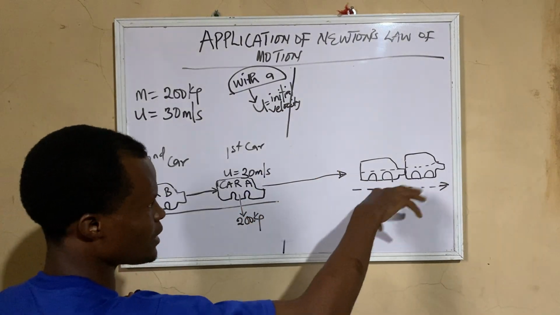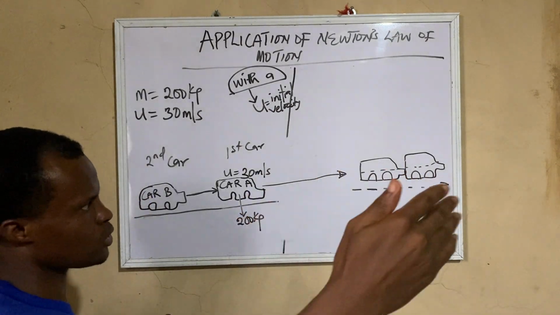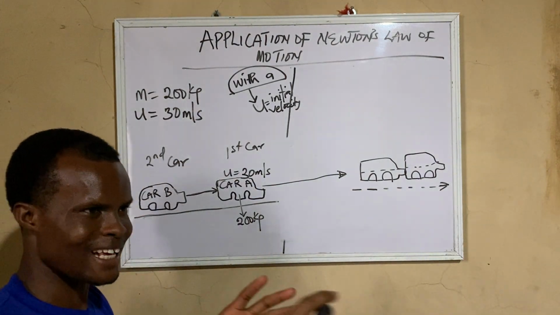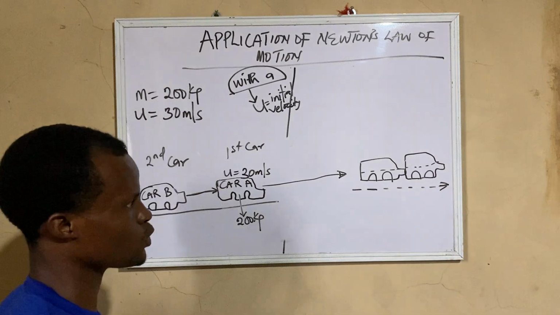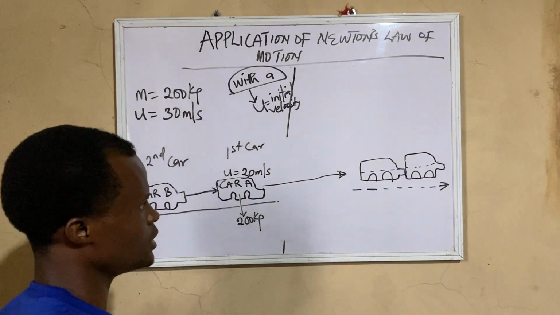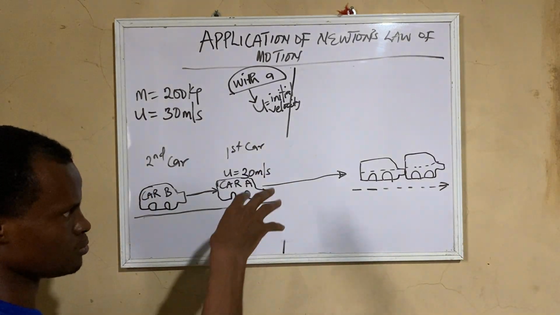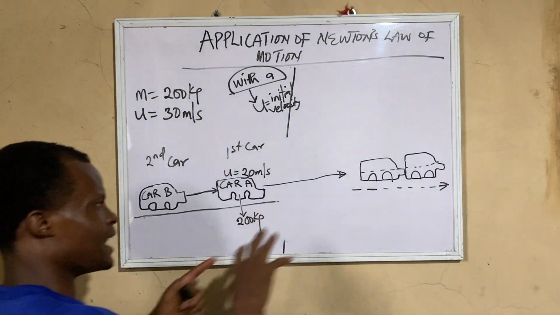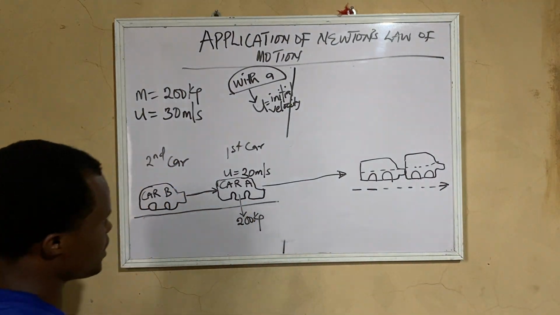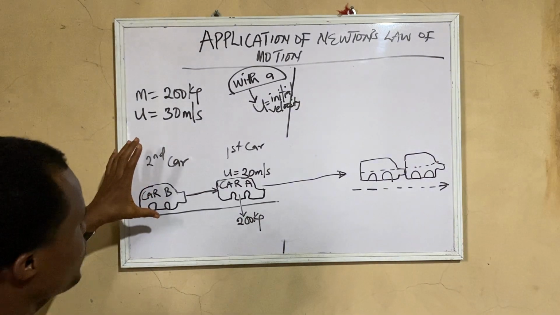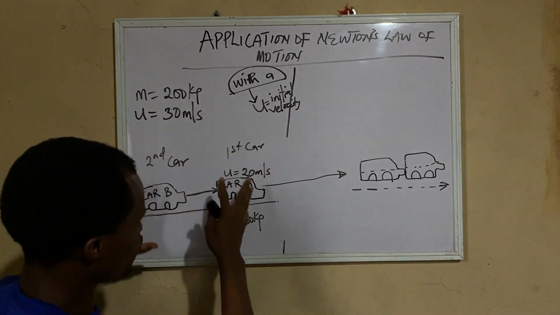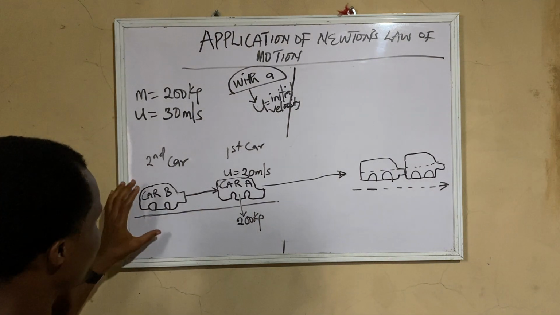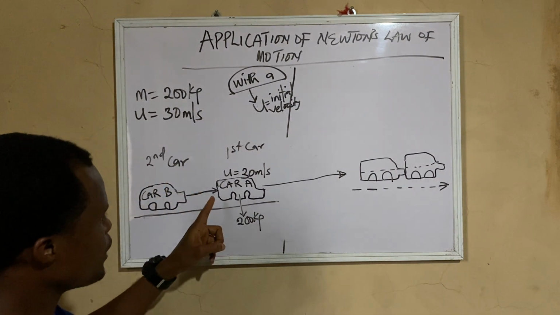So there is another principle to this, which we'll discuss subsequently when we get to elastic collision and inelastic collision. That's the principle of momentum. So when we go further into the topic under the principle of momentum, we'll look at elastic collision and inelastic collision. But for the sake of this question, just to quickly address this problem, we are looking for the impulse.